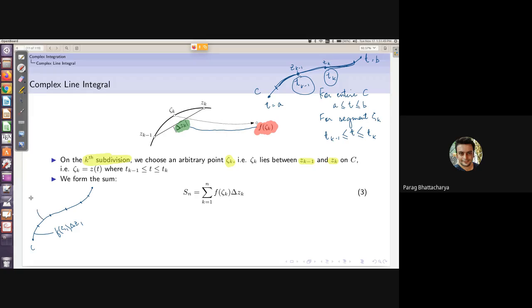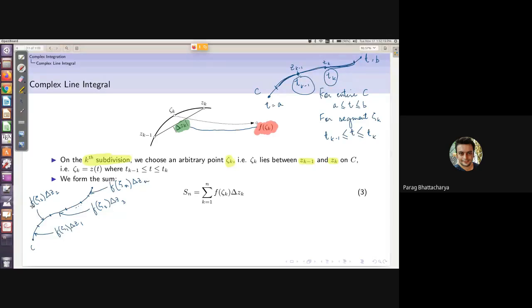For the second segment, f of zeta 2 times delta z_2. Same for the third segment, f of zeta 3 times delta z_3, and so on. The last segment is f of zeta n times delta z_n.